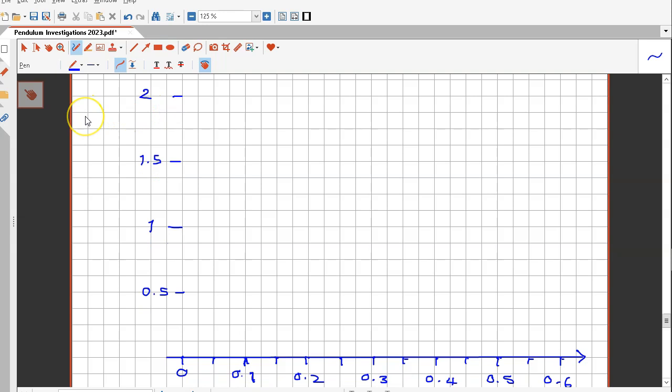Okay, so here I've tried to make use of the area of the graph, and I'm going to draw in my axis now. And that axis is time, or period. It's hard for me to write sideways.